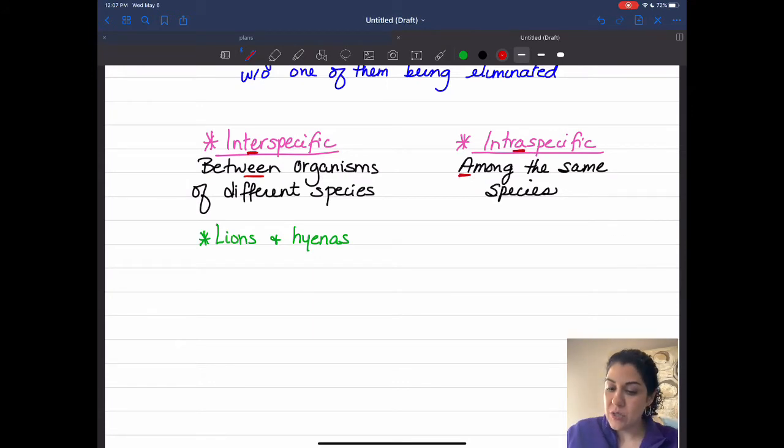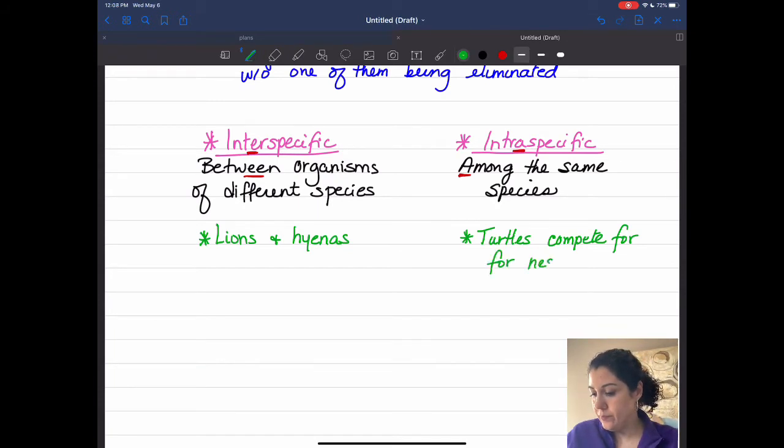So the same species, if we're looking around the same species competition, okay, so, let's use turtles again. So turtles competing for nesting sites. All right. Or you could have two lions competing for the same mate.